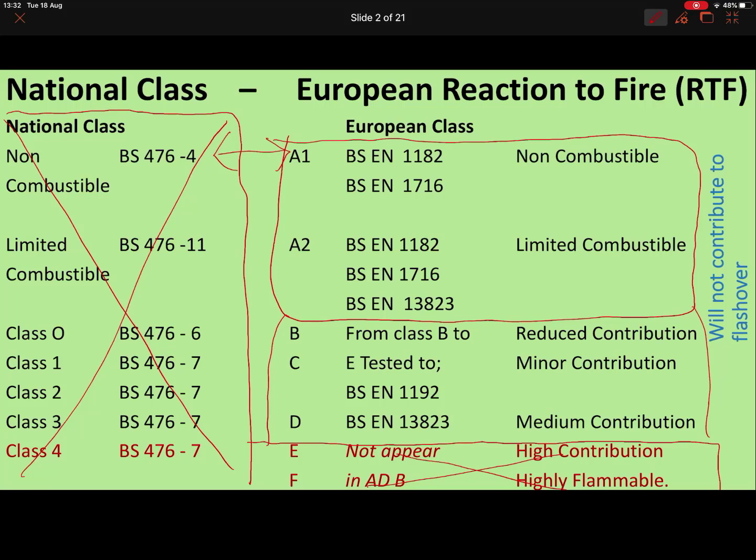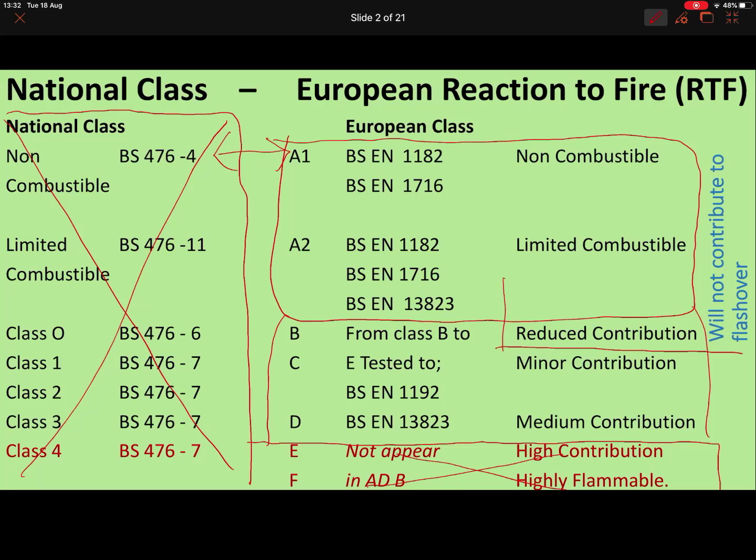We all know that A1's non-combustible. Hopefully we know A2 is limited combustibility. B has got a minor contribution to a fire, a reduced contribution to the fire. C's got a minor contribution, and D has got a medium contribution. So that was possibly why E and F weren't allowed in, because the contribution to the fire would be excessive.